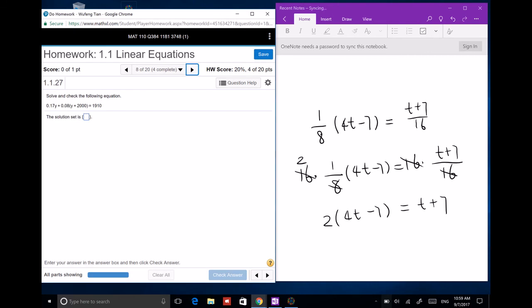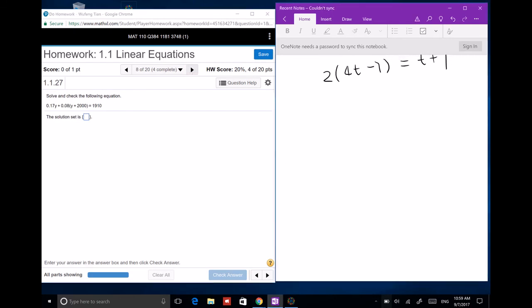Okay, so the next one, 0.17y. You can multiply everything by 100 because those are decimals. So 0.17y plus 0.08y plus 2000 equals 1910. What you can do is multiply all of them by 100. So it's going to be 100 times 0.17y.